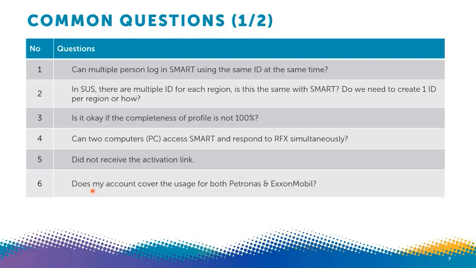But in the first place, you'll need to make sure that you have been invited for Petronas and for ExxonMobil using the same email address. So if in Petronas you have abc@gmail.com and in ExxonMobil you also use abc@gmail.com, then the moment you log in, you will be able to select which one you want to go into, either Petronas or ExxonMobil.